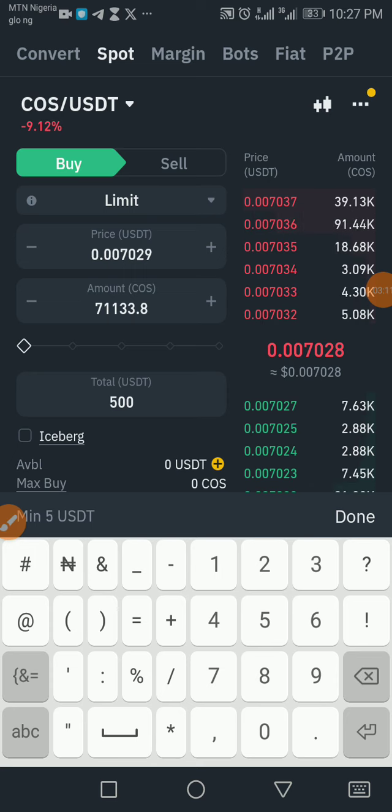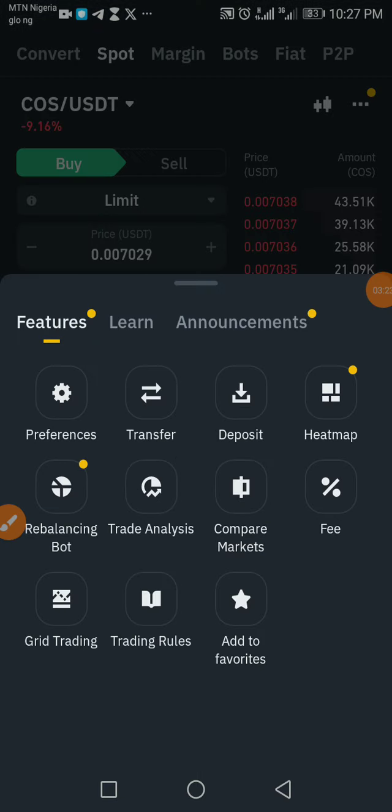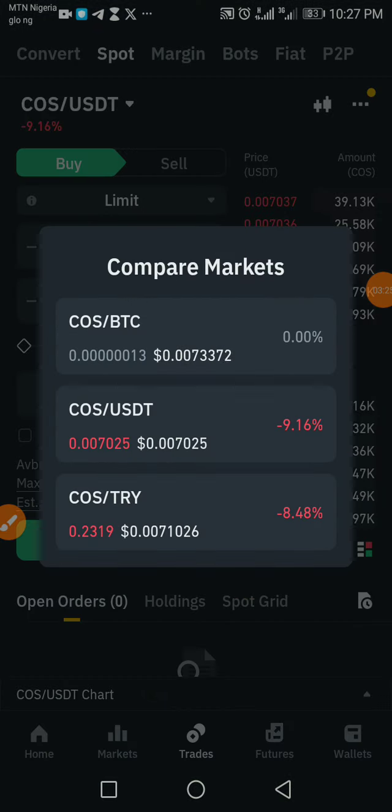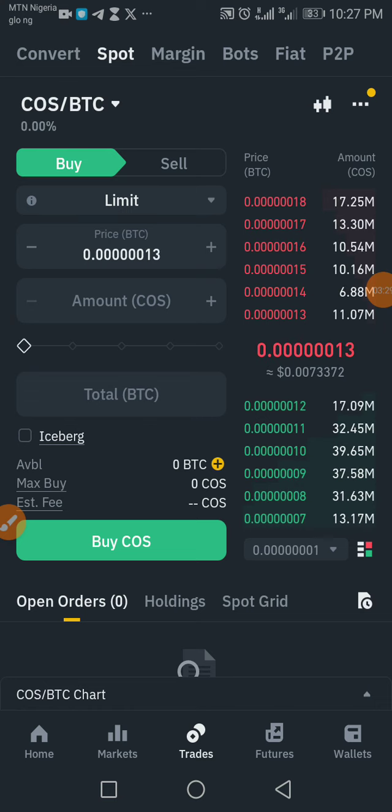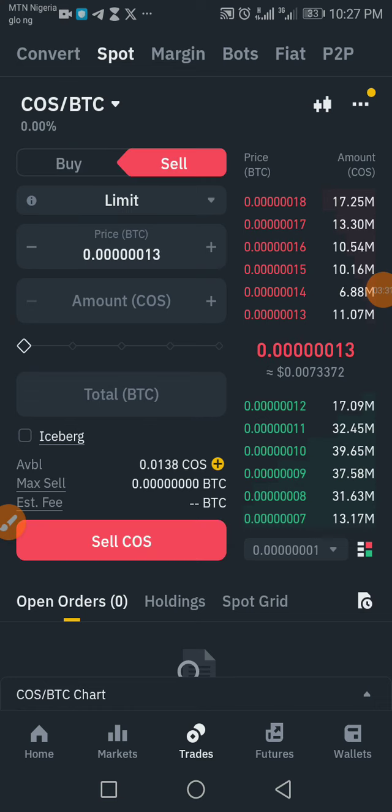So if we are going to get this number, 71,133.8 worth of COS, the next thing we are going to do is go back to the compare market and then go to COS/BTC, and then now you are going to sell your COS to get BTC.